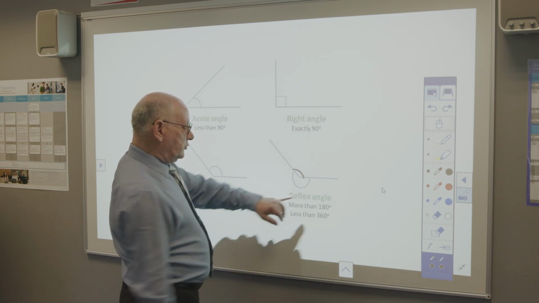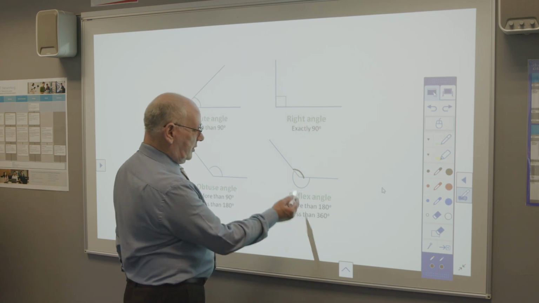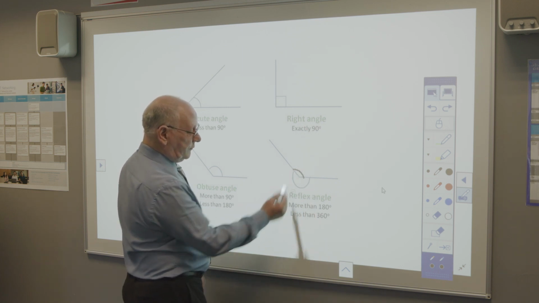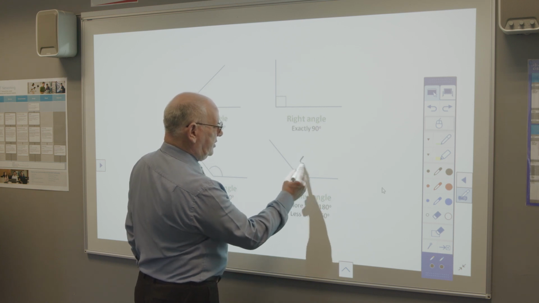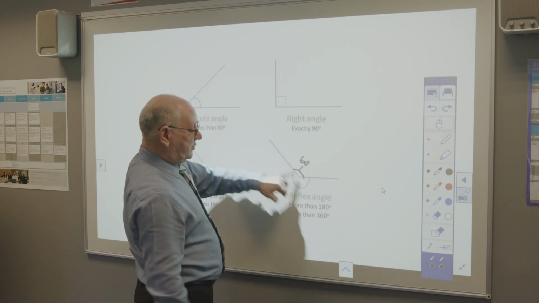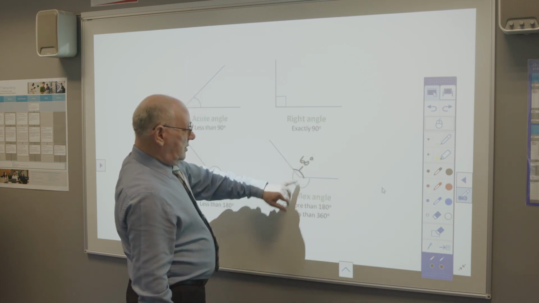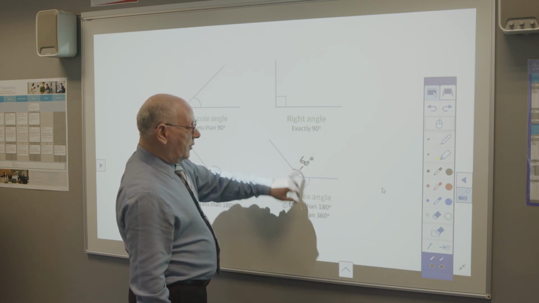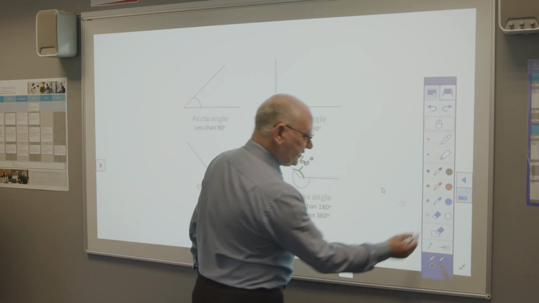So it's more than 180 degrees, but it's less than 360. 360 is a circle, and as you can see, it's not quite a circle. So if that was 60, no, it's not going to be 60 because it's an obtuse, but if it was, this would be 360 minus that 60, so that would be 300. That's how you work out a reflex angle.